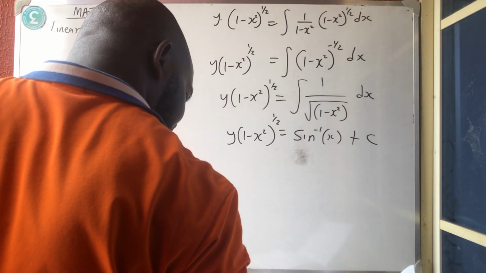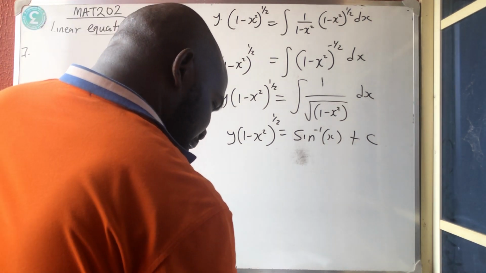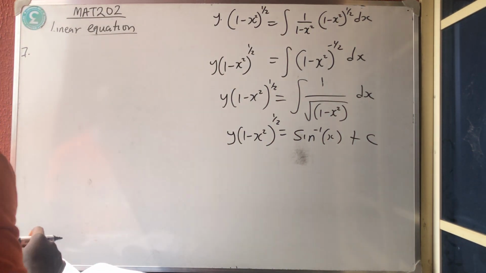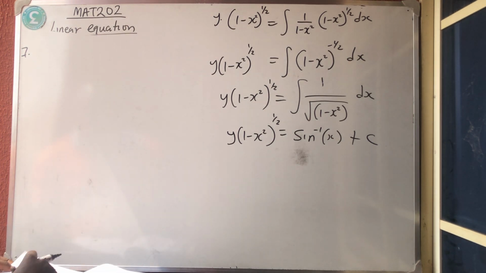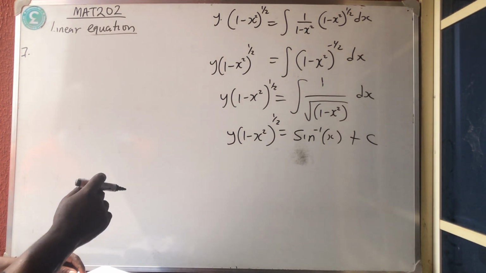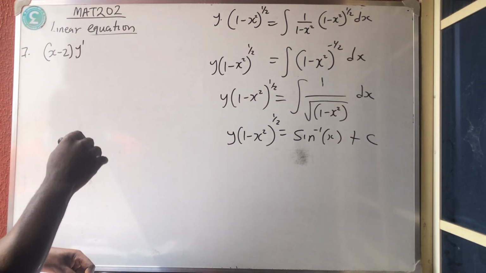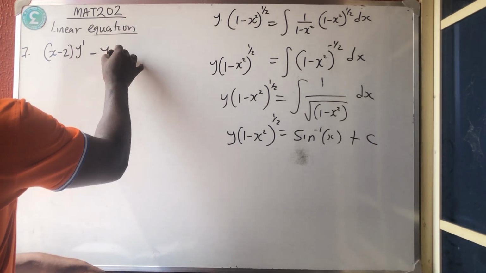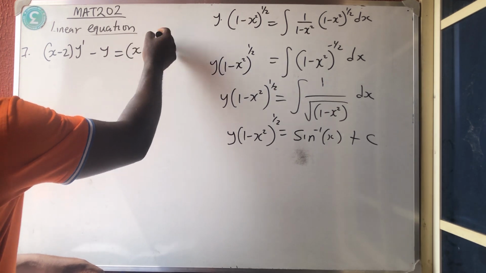Okay, number 7, and that is the last we are going to solve here. Number 7 says (x minus 2) y prime minus y is equal to (x minus 2) raised to power 3.